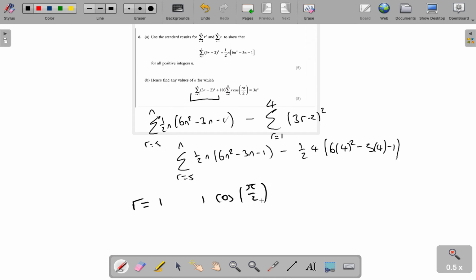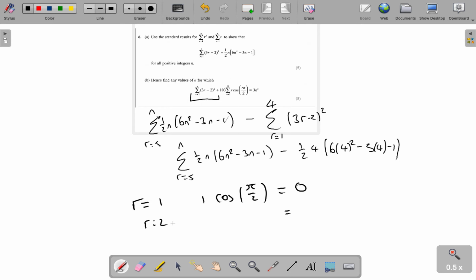Remember to keep your calculator in radians, so cos pi over 2 is equal to 0.